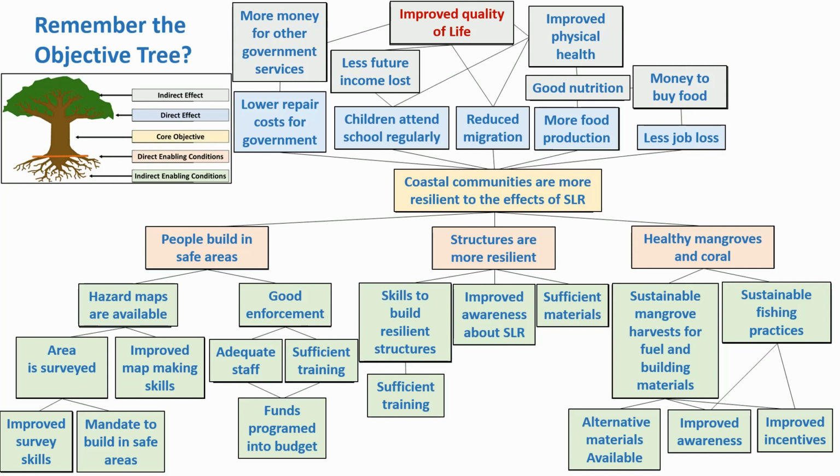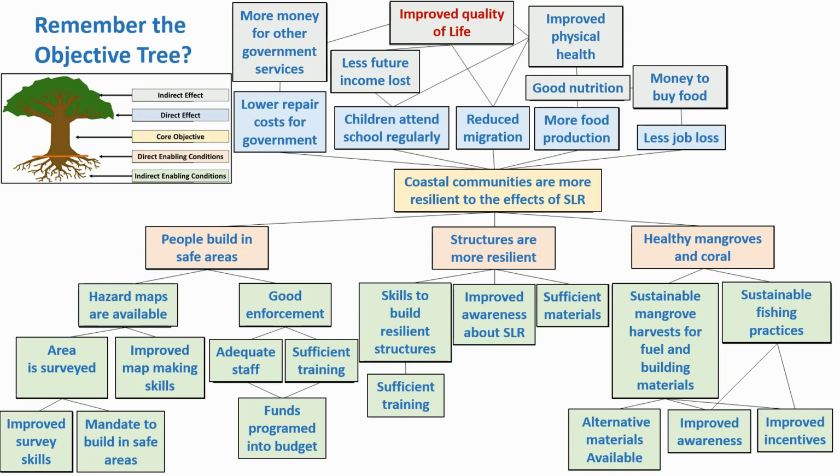And the objective tree, remember, is the ideal situation, the alternative future, the better future that we want to bring about through our project. And we use the problem tree and the objective tree together to develop our theory of change. And the theory of change describes the process of change that your project is going to make happen. And remember, we said this is why your project is going to work.